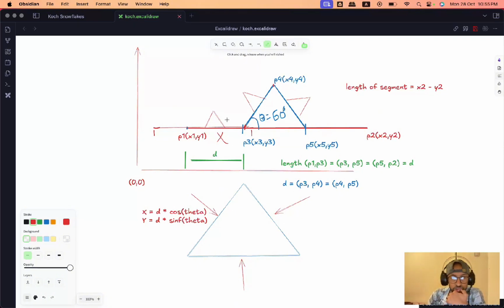The trick here is we need to find this vector D. We have already calculated it previously, so rotate this vector by 60 degrees and add it to P3.